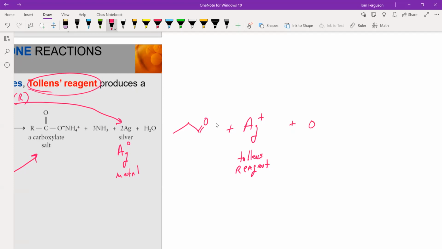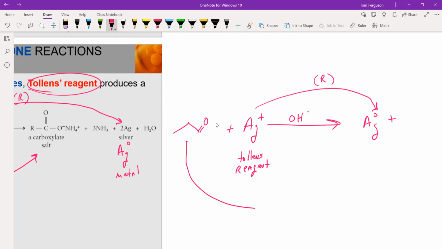In a basic environment. So remember, the silver is reduced, silver metal. And this is oxidized.